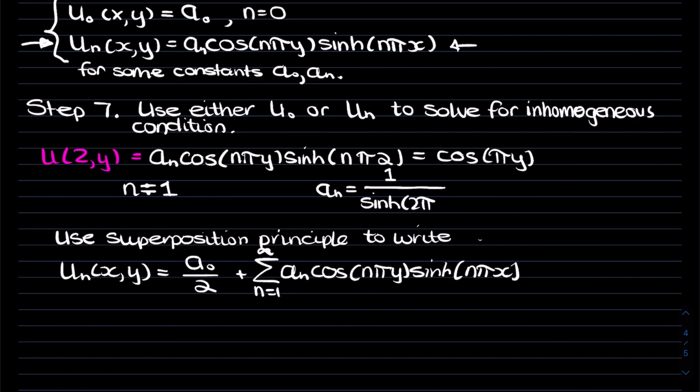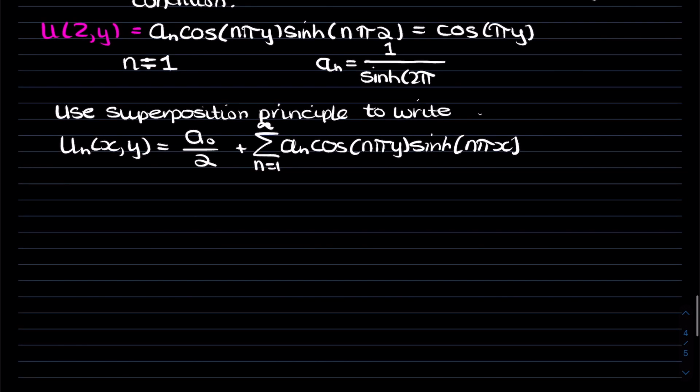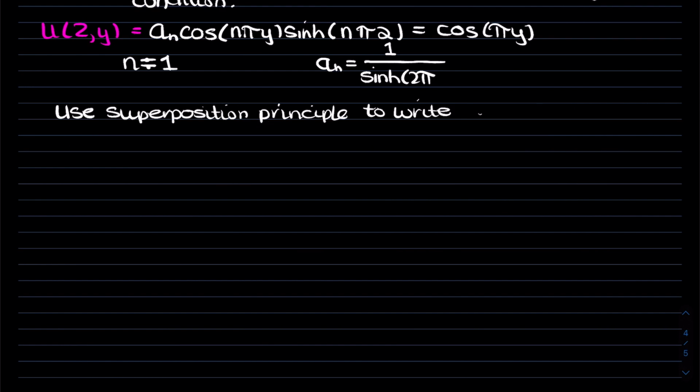And then we would solve for A0 and A_n using the Euler formula. So that's all we'd have to do in that case. I have another video where I do that.